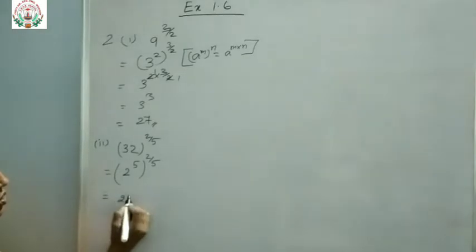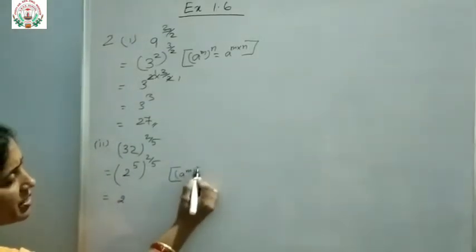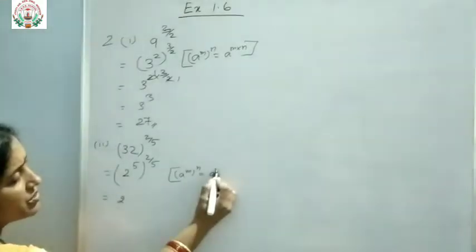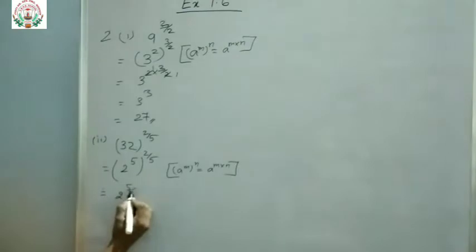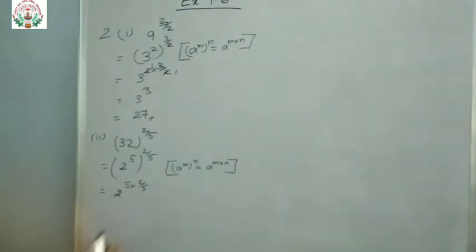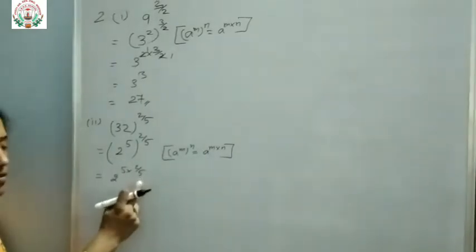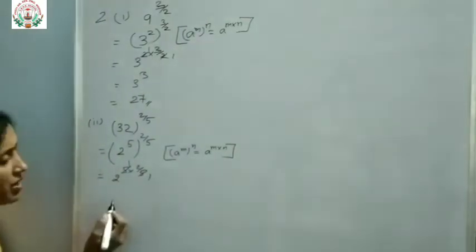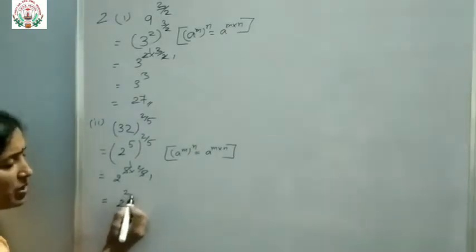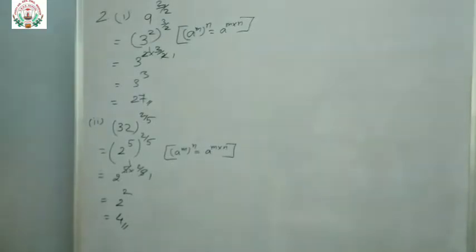Now open the bracket, formula same, m into n. So 2 to the power 5 into 2 upon 5. 5 ones are 5, 5 ones are 5. So it will be 2 square, which is 4. Okay, answer.